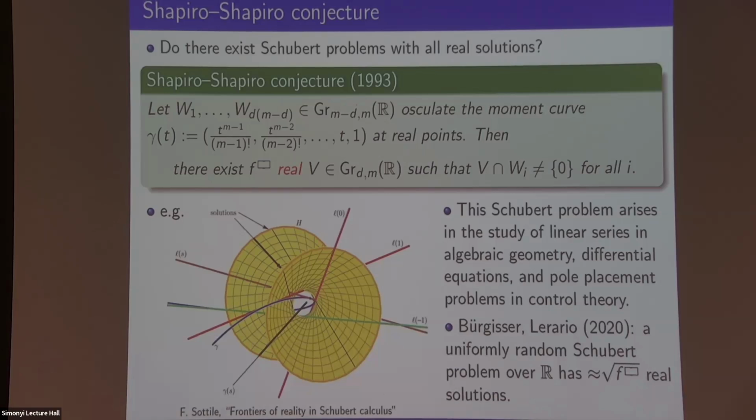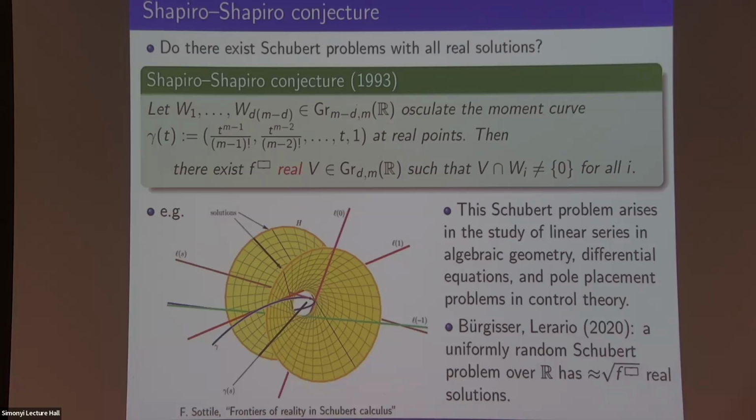Is this for any Schubert problem, or this particular Schubert problem they showed it for? For any Schubert problem where these W_i are uniformly random in the Grassmannian. I think Bill's question is whether it's just the intersection of divisors or every possible problem. Yeah, just the intersection of divisors.